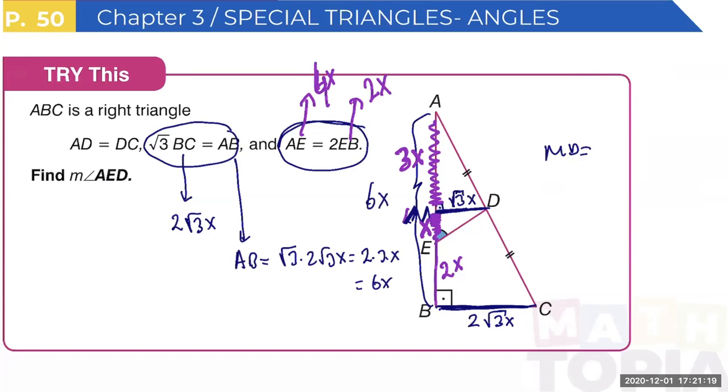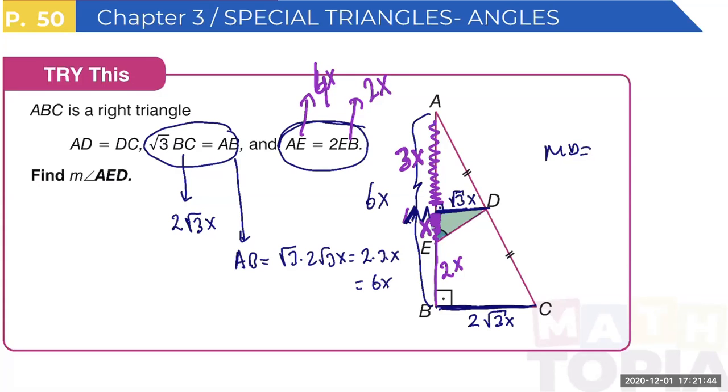2x plus 4x is 6x. Okay, now do you see that something interesting is happening here? This green triangle. I do see something interesting. It looks to me like this would be a 30, 60, 90 triangle because I see an x and then a root 3x. So I'm assuming the hypotenuse is 2x.